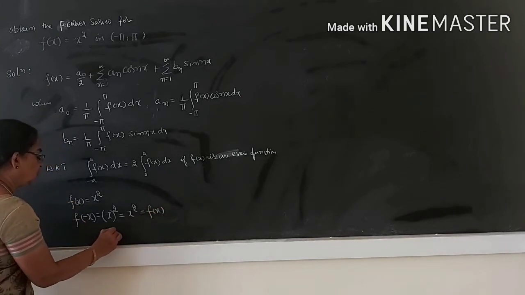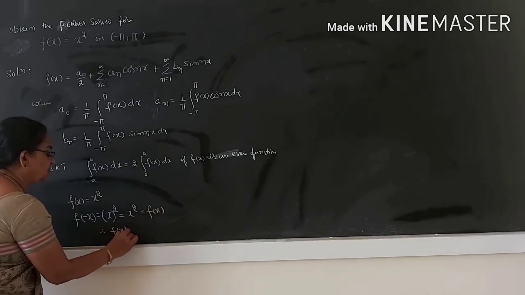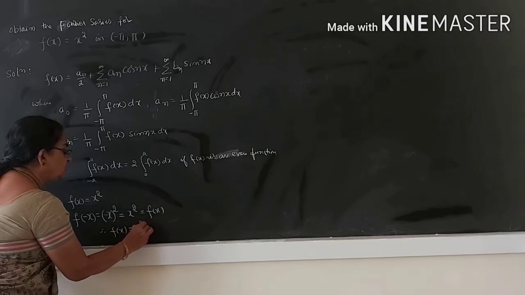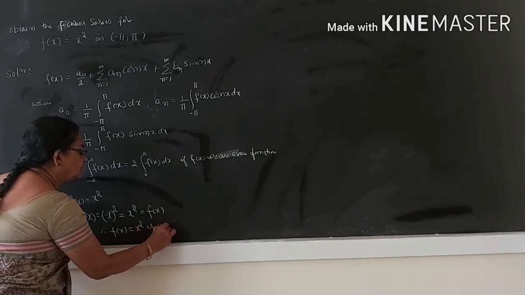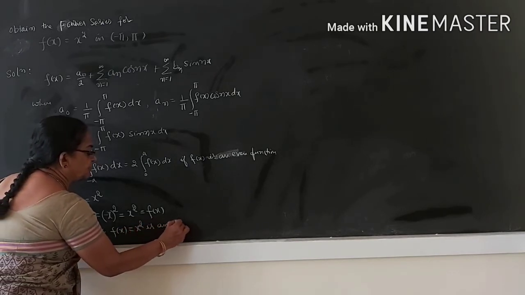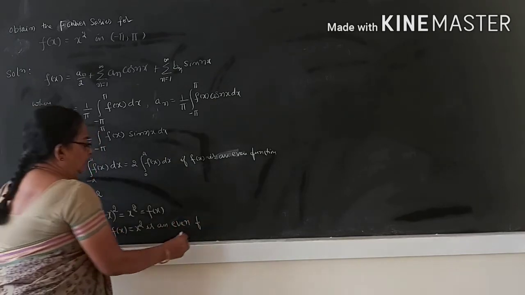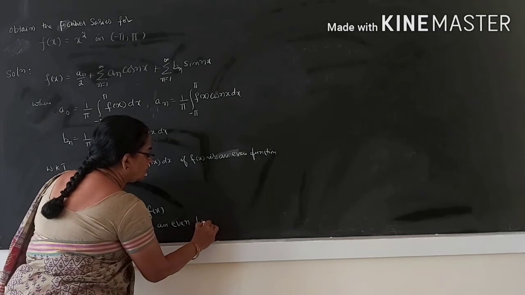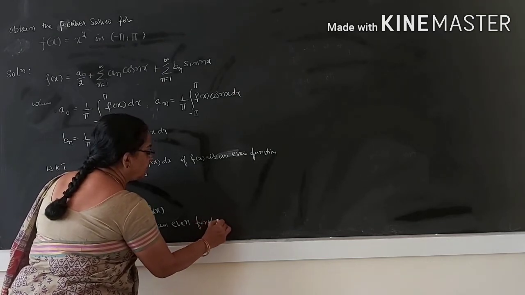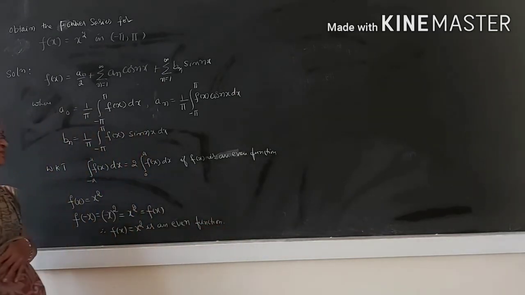Therefore, f of x is equal to x square is an even function.